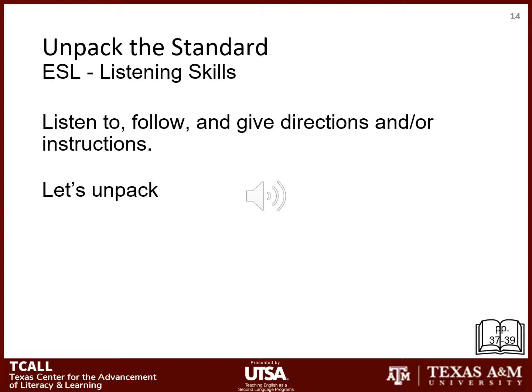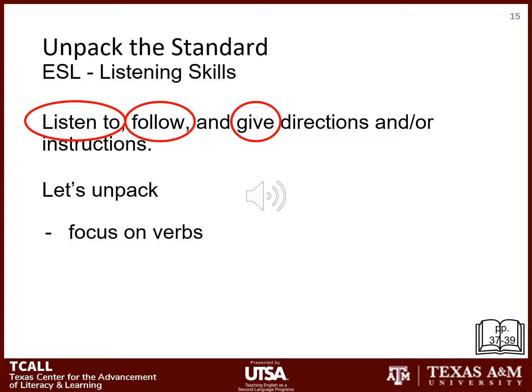So now the second way in which you can unpack a standard is by paying careful attention to language. So let's take a look at the following standard, also from listening skills. Listen to, follow, and give directions and/or instructions. So let's unpack that. In order to unpack a standard, what you want to do is look at the different important features of language, starting with a focus on verbs.